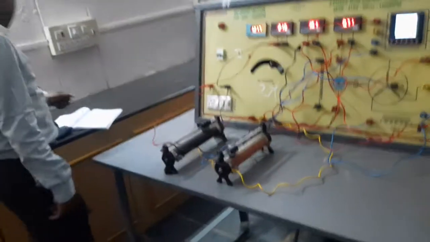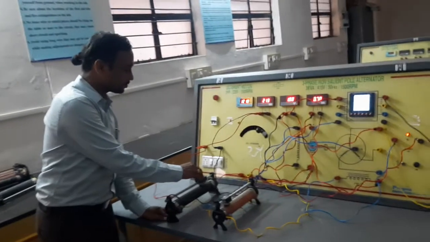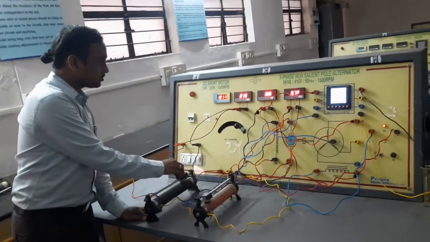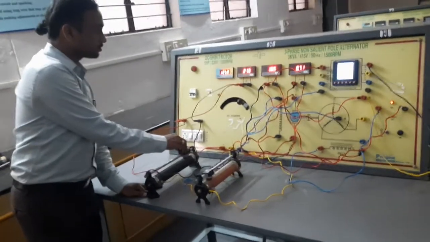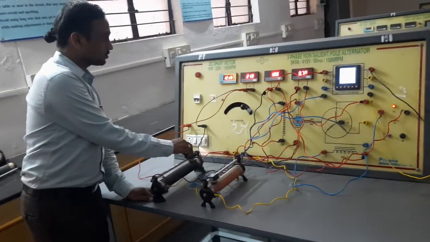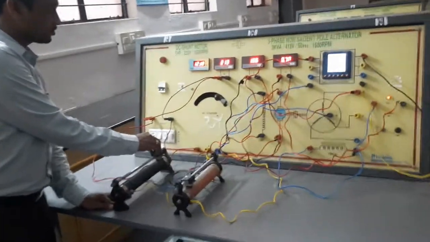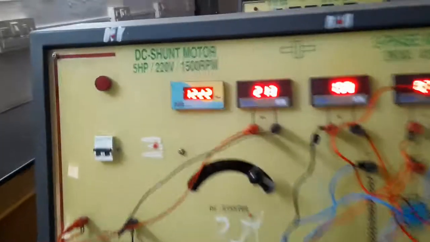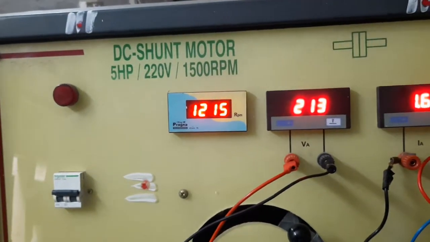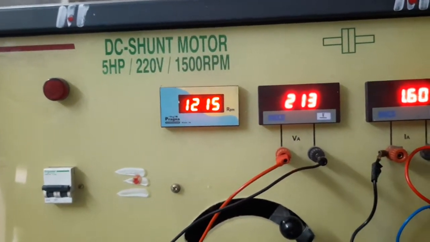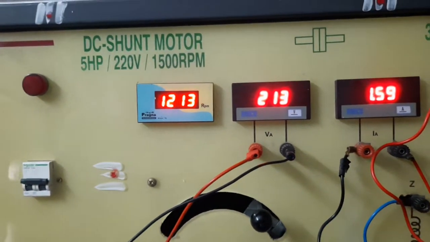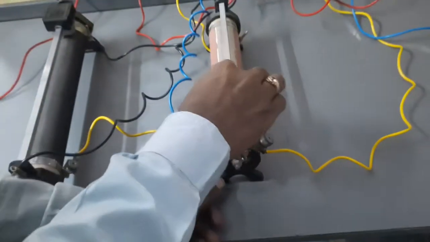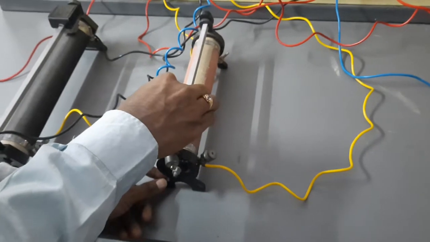Also calculate another reading for 1200 RPM. The armature resistance I have cut in fully, and now I will vary the field rheostat.